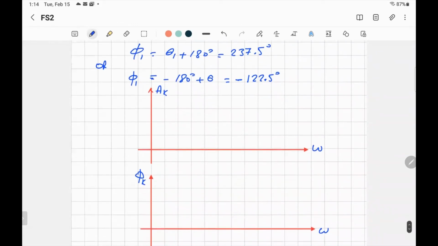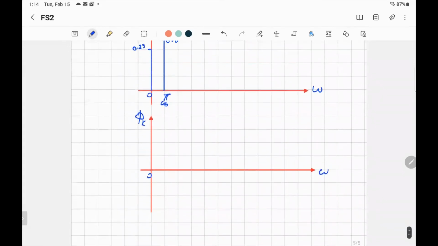We did, if you talk about omega 0, you are talking about DC. DC is equal to a quarter, if you remember, right? So you can put 0.25, and then you make a line here, and that's it. And when you go for pi, that's omega naught, it's equal to pi. It was 0.38 if you round it, so it will be a little bit higher. 0.38.